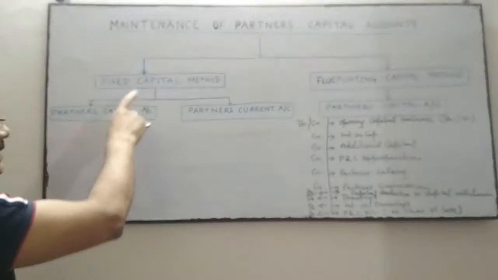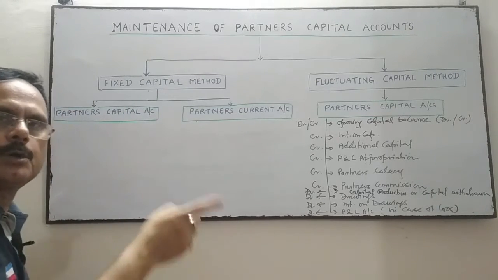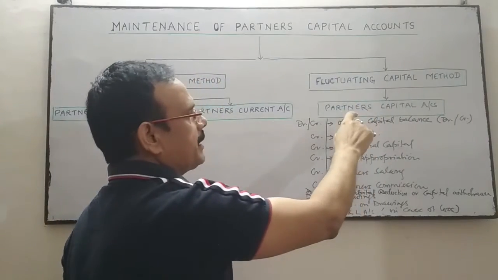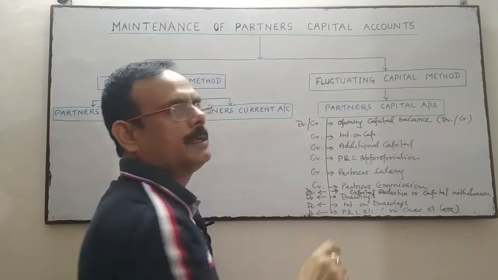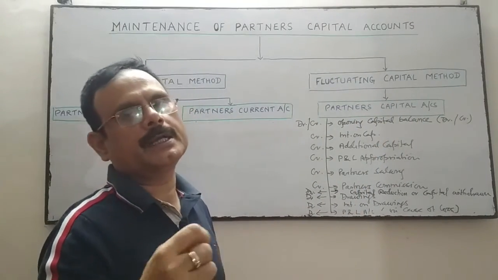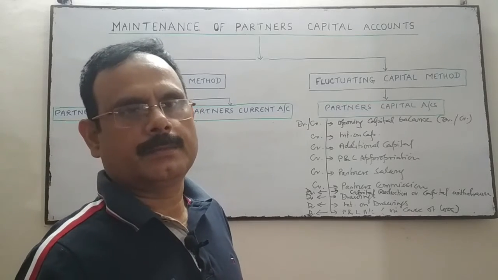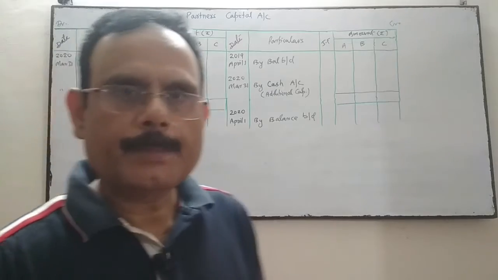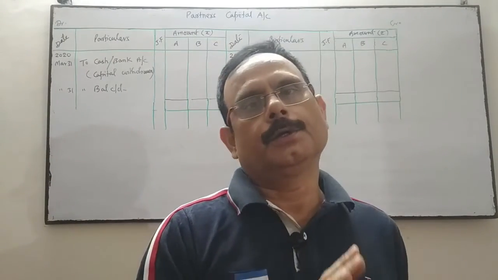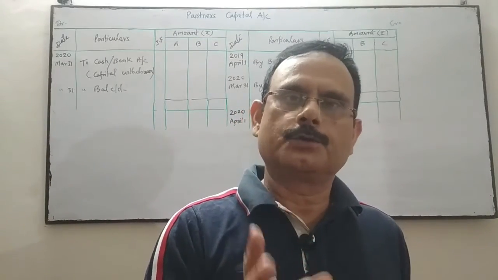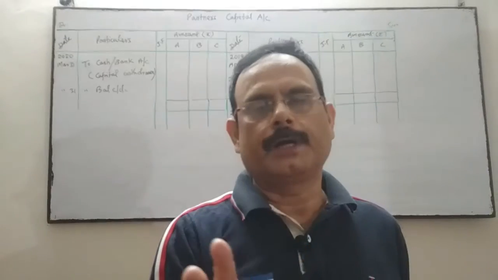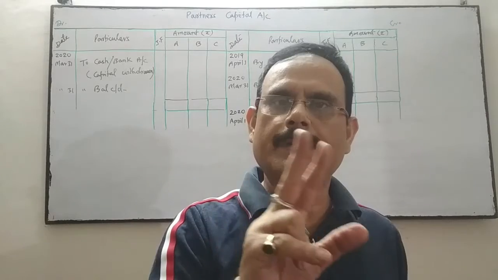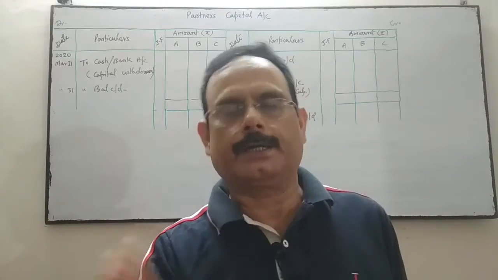In case of fixed capital, partner's capital account will always be the credit balance, but in case of fluctuating capital, partner's capital account may be the debit or the credit balance. When the capital is fixed, we will operate two accounts: partner's capital account and partner's current account.